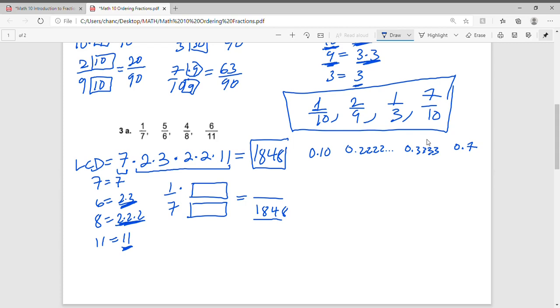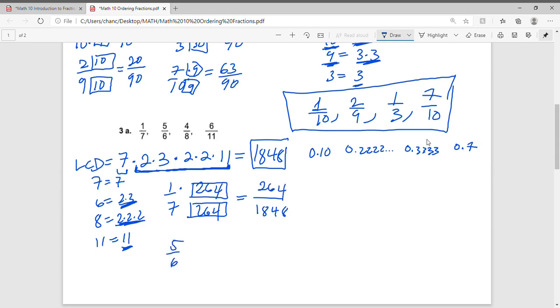We need all of this to multiply with 7 to get the denominator that we want. And that's 264. We need to multiply the top and bottom by 264. Where did I get 264? I multiplied all of this out to find that number. And of course 264 times 1 is 264.